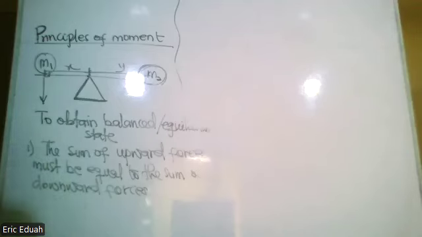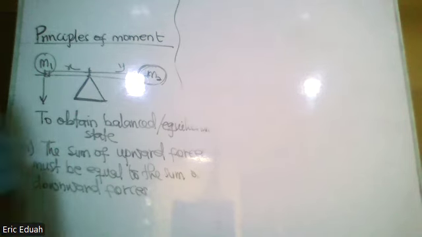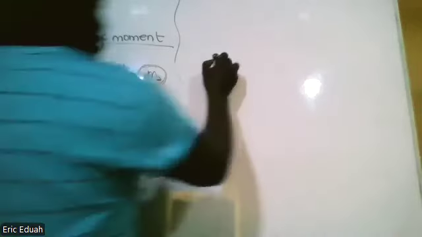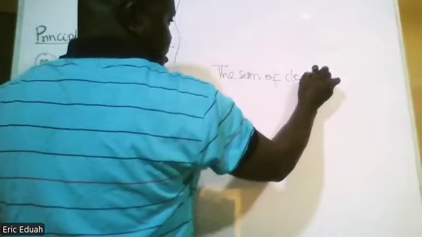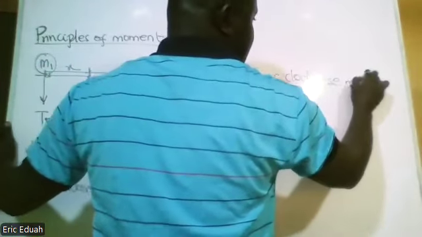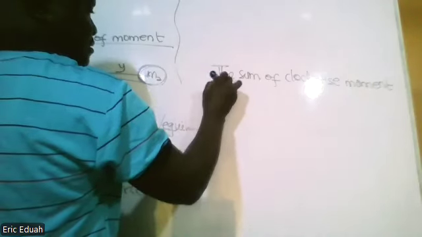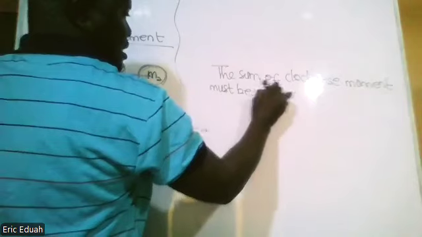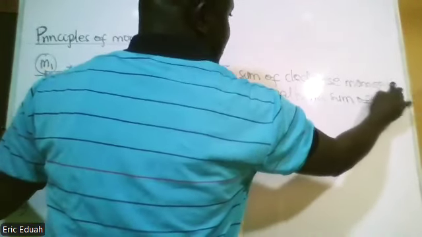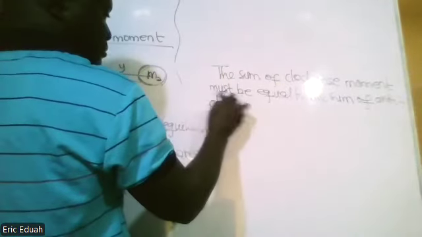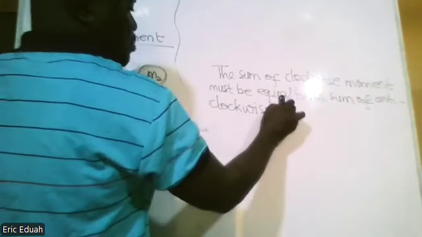Okay. Then the second principle of moment says that the sum of clockwise moments must be equal to the sum of anti-clockwise moments.